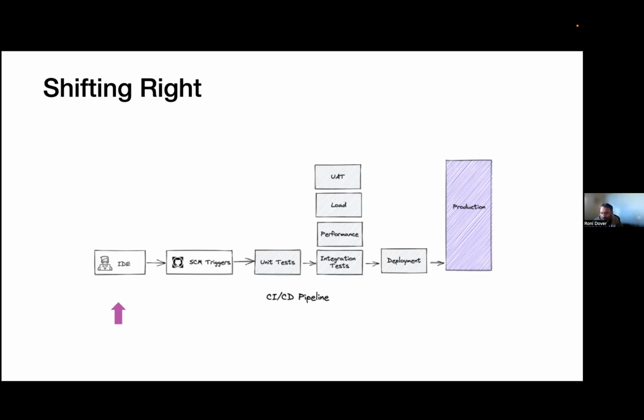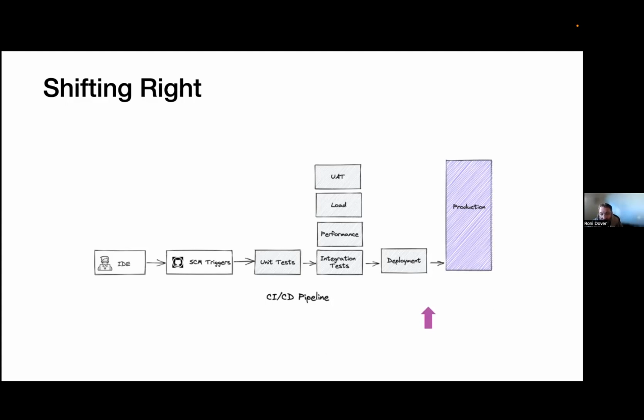This is the shift right, shift left, whatever way you want to call it, but it's a trend that's been happening across the industry. And I've been following that, and my team, like other teams, was asked to make it more of a continuous deployment cycle and accelerate releases and all of that.